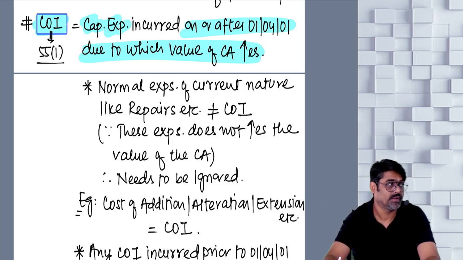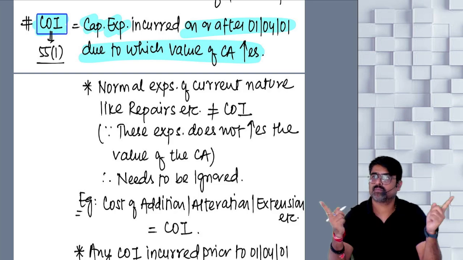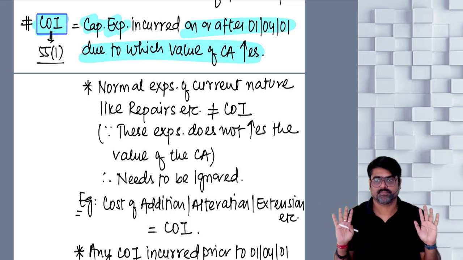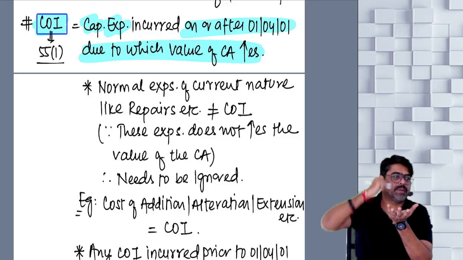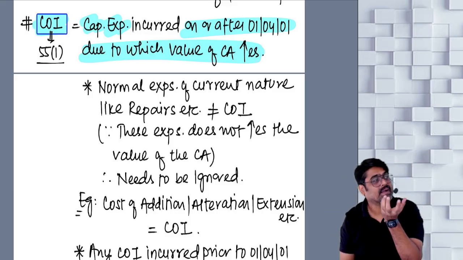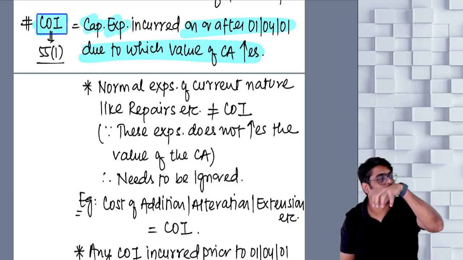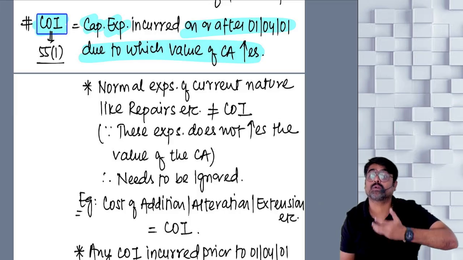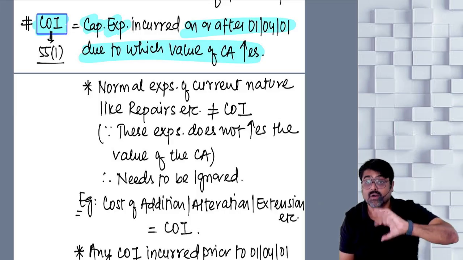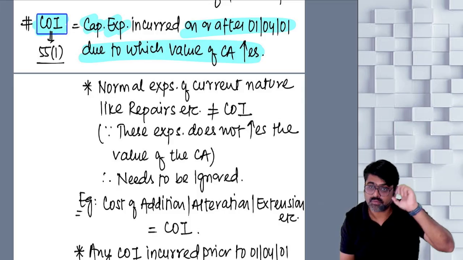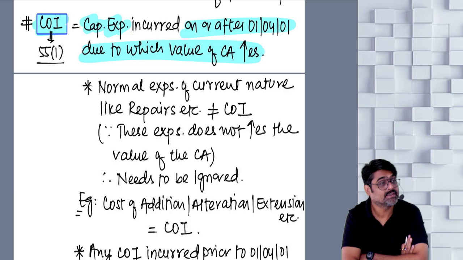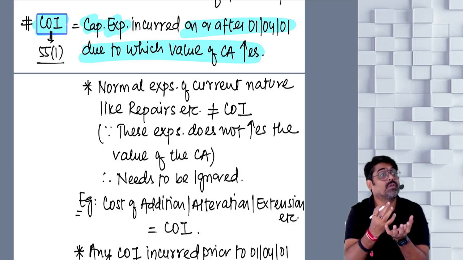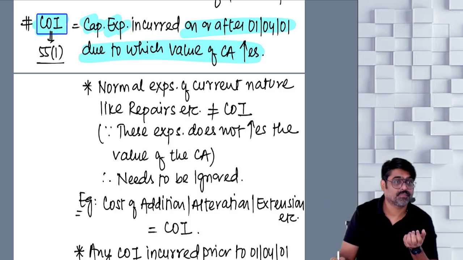Example of cost of improvement. See, this is my entire premises. I am constructing one floor on this premises. By constructing an additional floor on the premises, I am incurring cost of addition. Because of this, don't you think the area of my property will increase? Instead of only a ground floor, now there will be a first floor also.